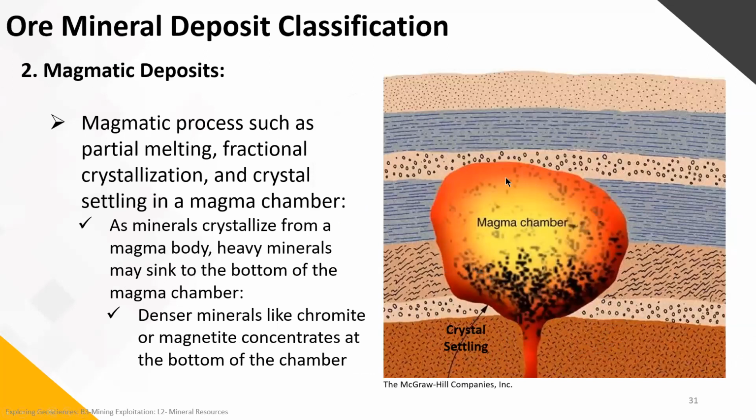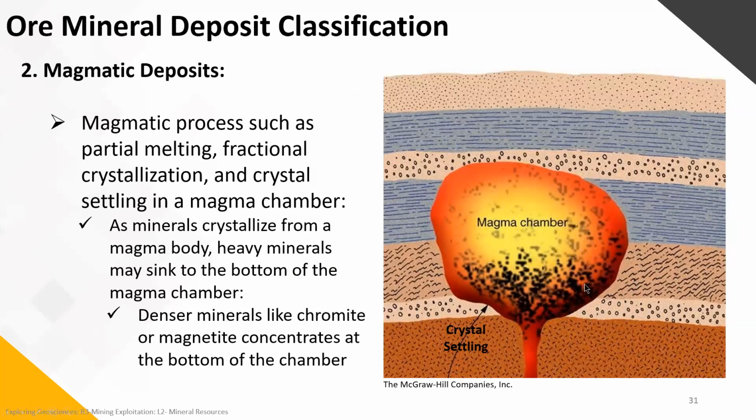So at the bottom, again, of any new magmatic chamber, we have a zonation of these crystals. As the minerals crystallize from a magma body, the heavy minerals may sink at the bottom of the newer magma chamber. So the denser minerals like chromite or magnetite will concentrate at the bottom of the chamber.